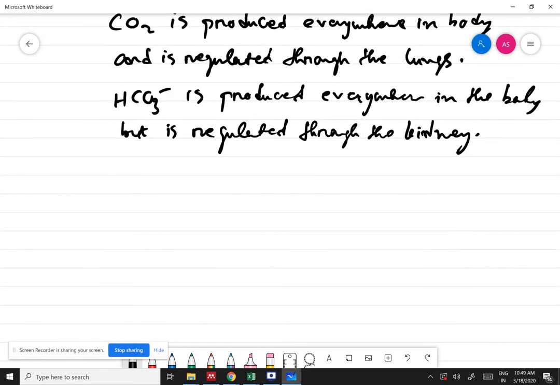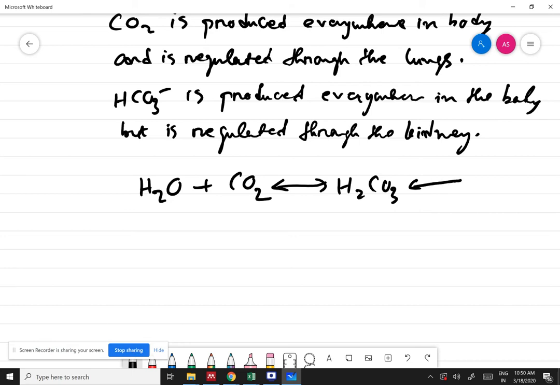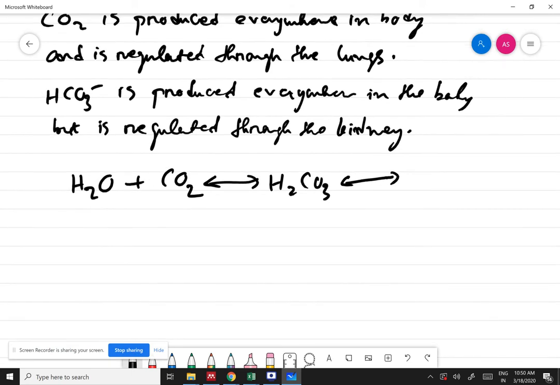So the formula is basically this: carbon dioxide which is produced in the body, when it mixes with water, H2O plus CO2, forms carbonic acid, H2CO3, which can then dissociate to form HCO3 minus plus H plus. Okay.